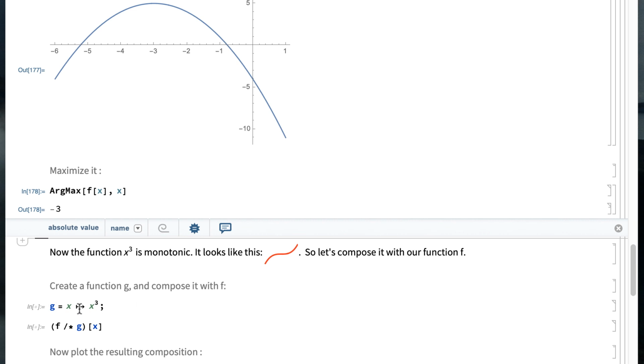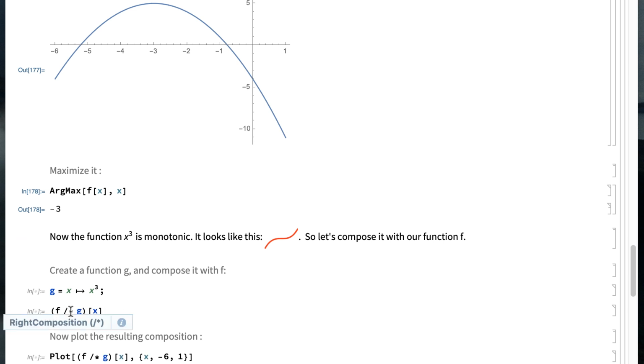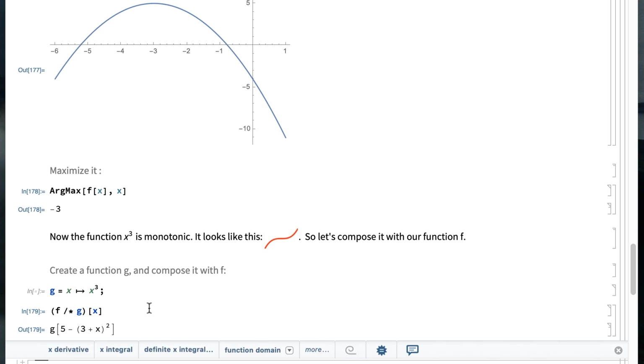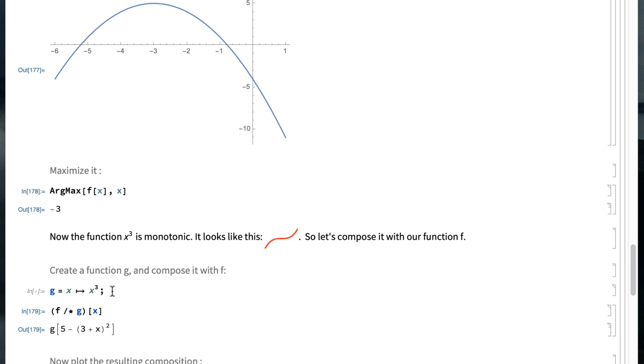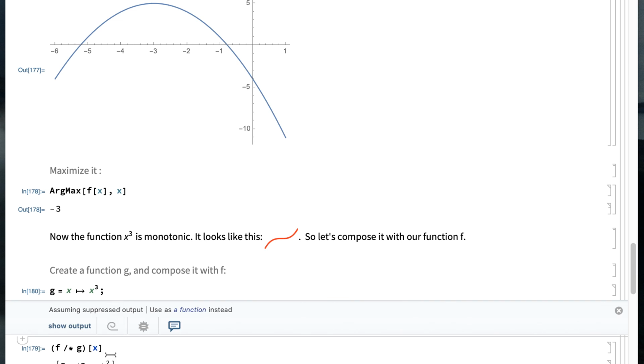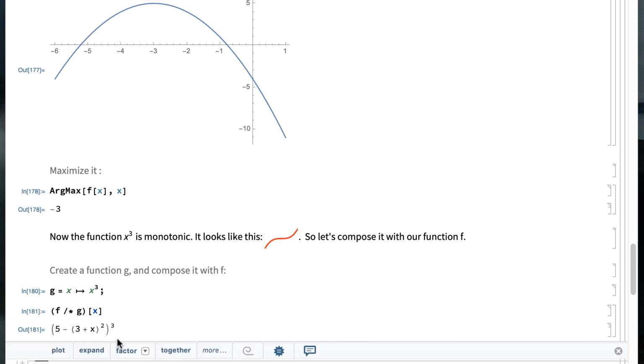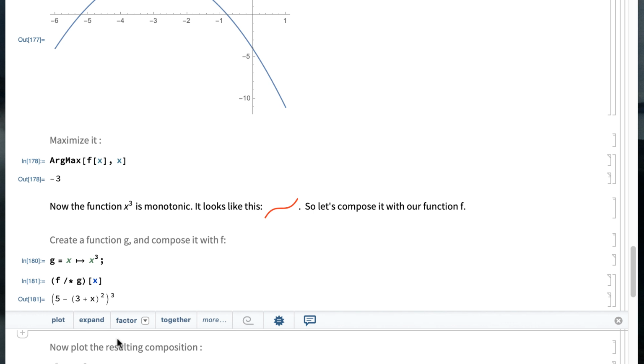Okay, here's g. And now I'm going to say I want you to take f of g of x. Remember that slash star means and then. All right, so let's run that. And that's, okay, that's because I didn't evaluate this cell first. And now, there we go. So that's the composed function.